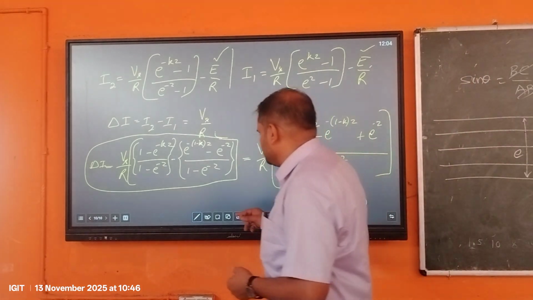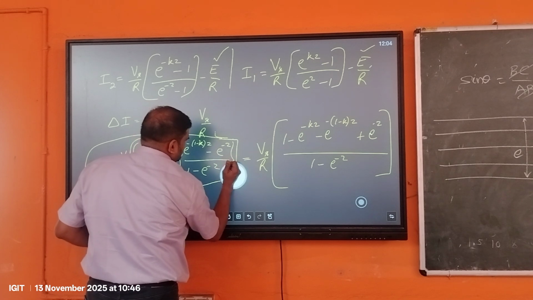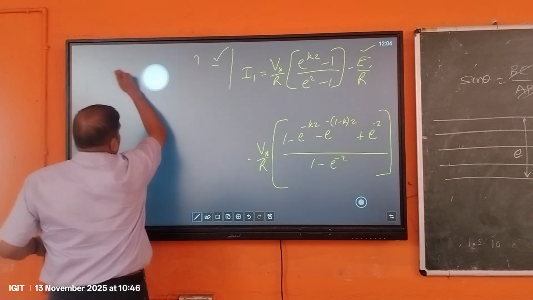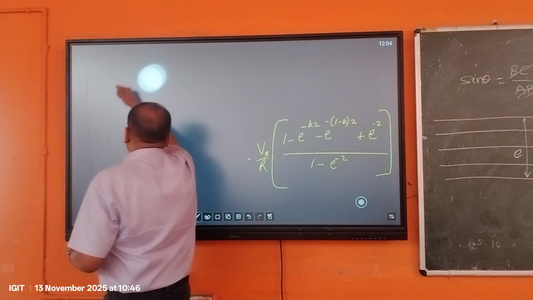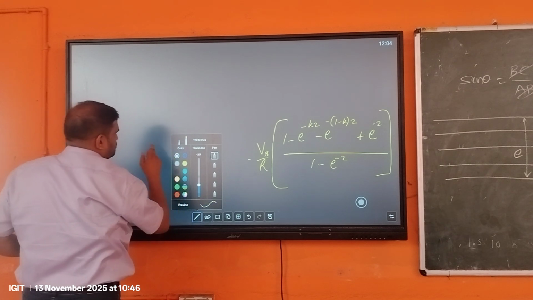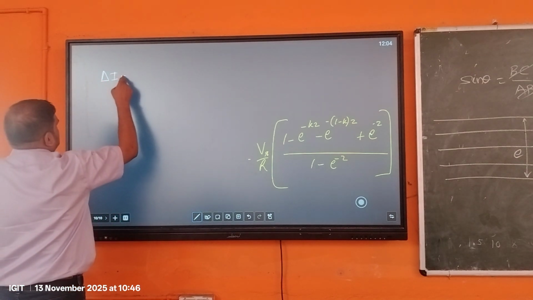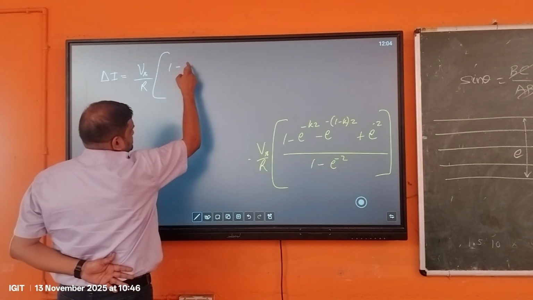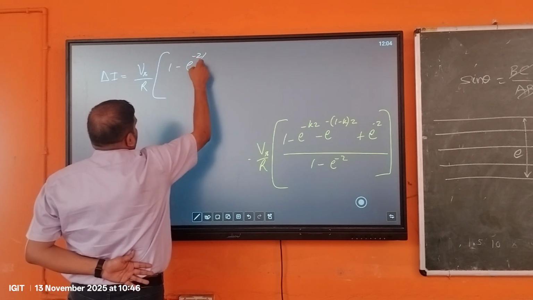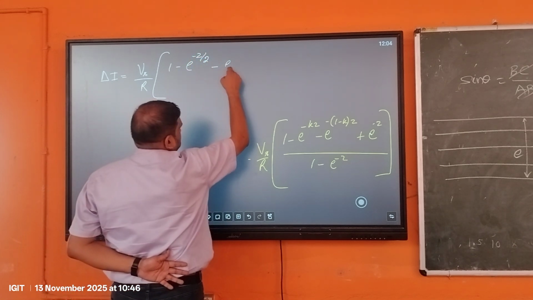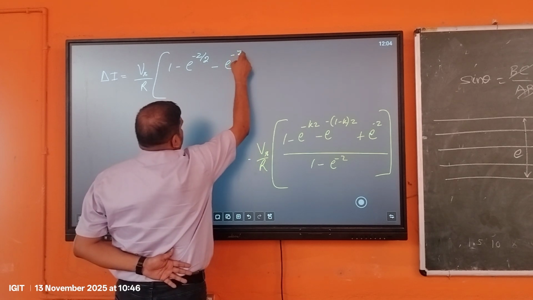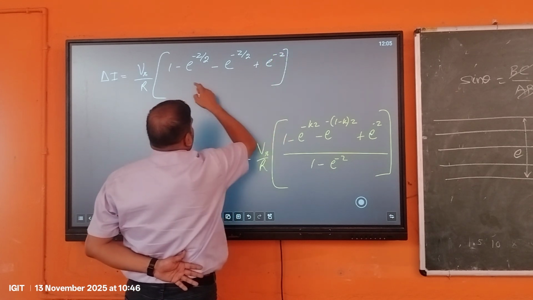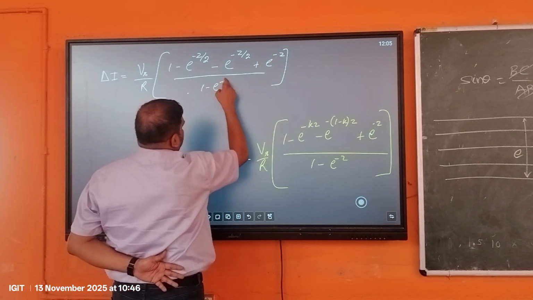So if I just adjust it here, now if the value of k is equal to 0.5, then del I is equal to Vs by R, 1 minus e to the power minus z by 2, minus e to the power minus z by 2, plus e to the power minus z, and the lower term will be 1 minus e to the minus z only.